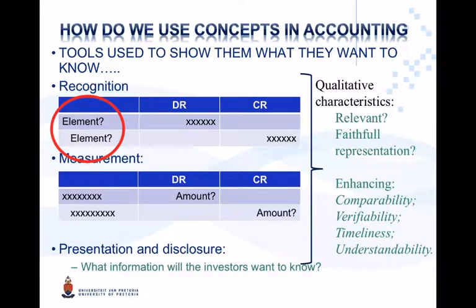If the recognition criteria and the definition can all be met, then that can trigger the recording process and you can do a general journal entry and account for it in your statement of financial position, your comprehensive income, whatever the case may be. So you look at your elements, look at your recognition criteria.